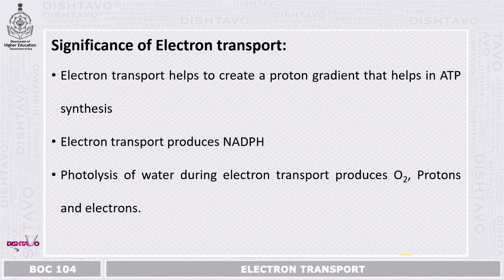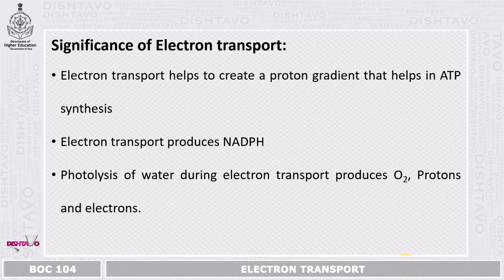Significance of electron transport. Electron transport helps to create a proton gradient that helps in ATP synthesis. ATP is considered the currency of a cell.